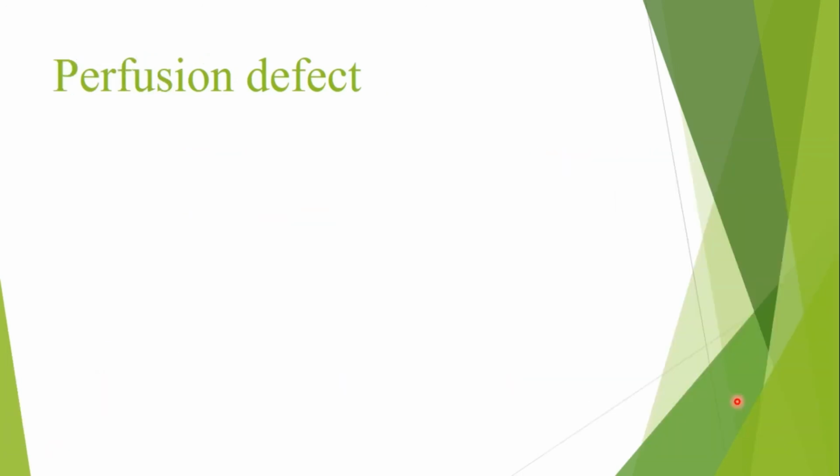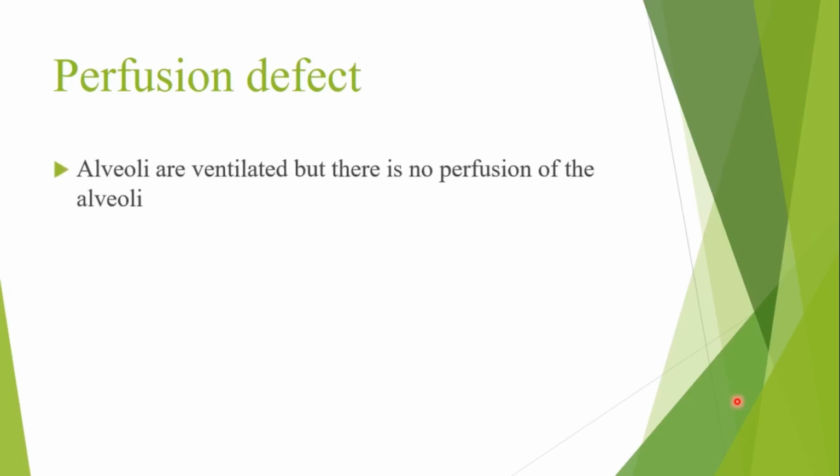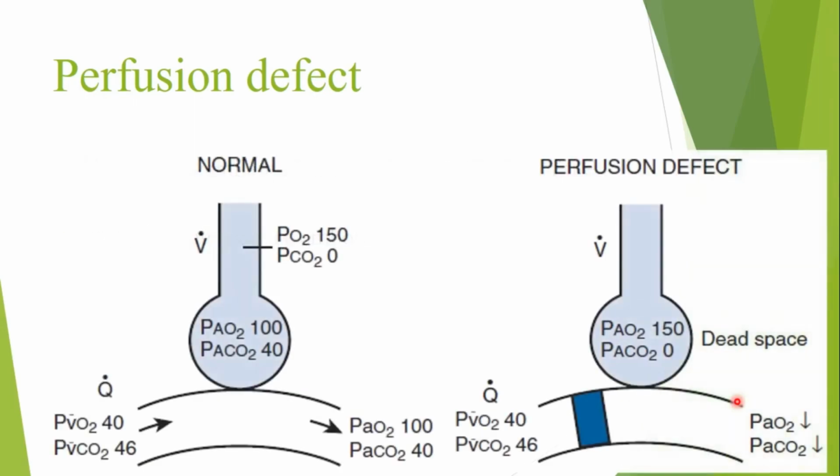Another cause of hypoxemia is perfusion defect, and in perfusion defects, alveoli are ventilated, but there is no perfusion of the alveoli. An example for that is pulmonary embolus. As I said earlier, this is what happens normally, and this is an obstruction of the pulmonary capillary, for example by a pulmonary embolus.